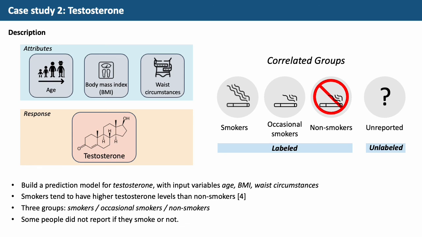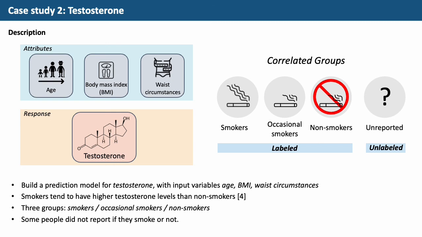So modeling correlations between such attributes and testosterone level is important in many healthcare practices. Recently, some studies also show that smoking can also affect the testosterone level, motivating us to build separate but correlated regression functions for smoker and non-smoker groups.